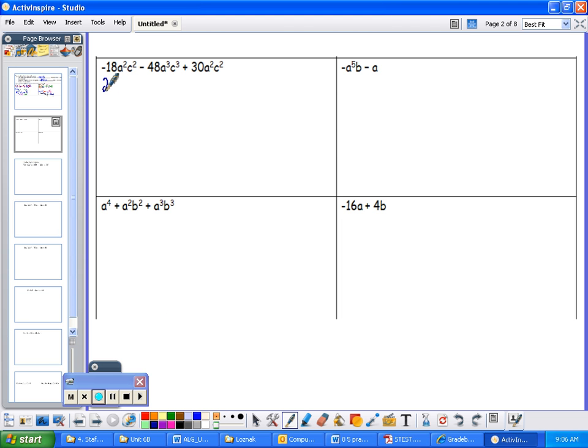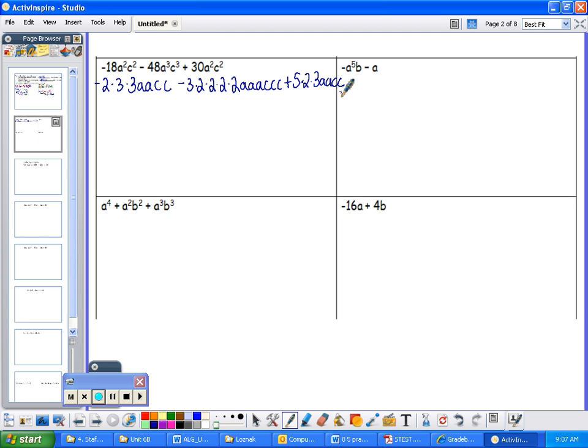So I have 2 times 3 times 3 A, C, C, minus, oh, that's a negative out there. 3 times 2 times 2 times 2 times 2 plus 5 times 2 times, oh, I forgot the variables here, so let me go back and put the variables in right here. 3 A's, 3 C's, plus 5 times 2 times 3, 2 A's, and 2 C's.